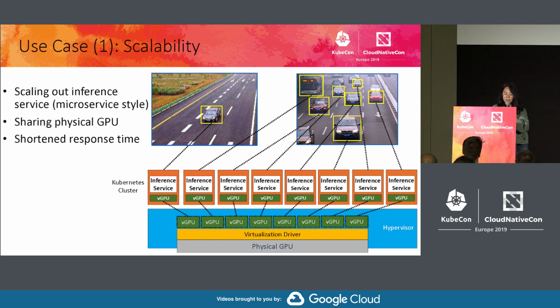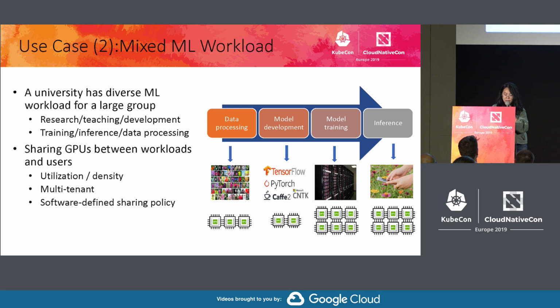In our demo, the whole physical GPU is a Tesla V100 with 16 gigabytes. Let's check the Kubernetes setup. Here, another worker node is ready. So let's go to the worker node to check that it is using the physical GPU.